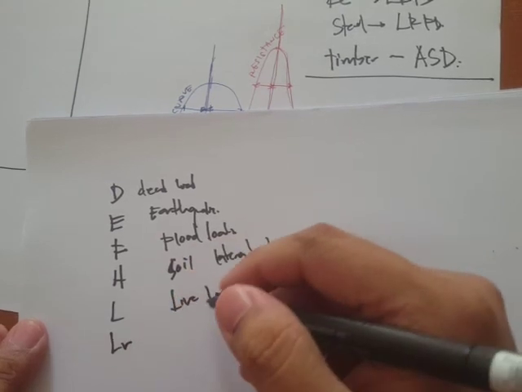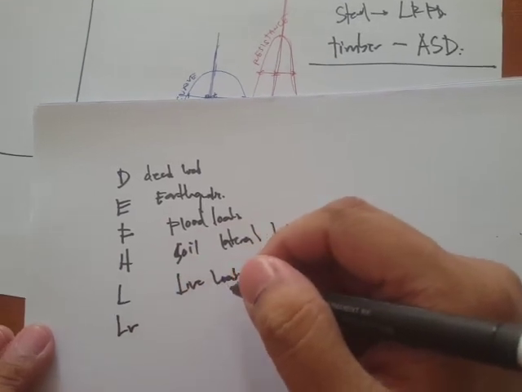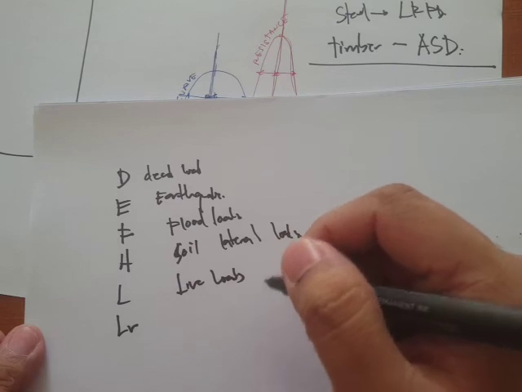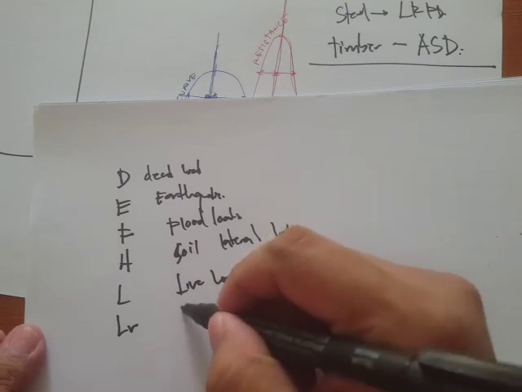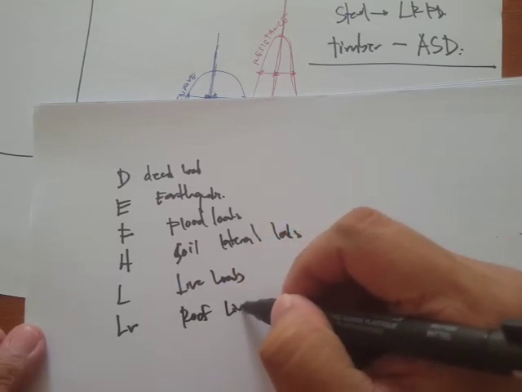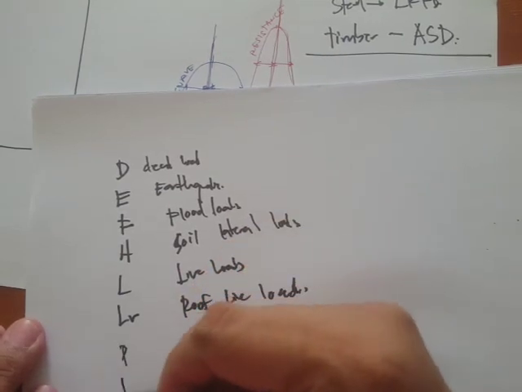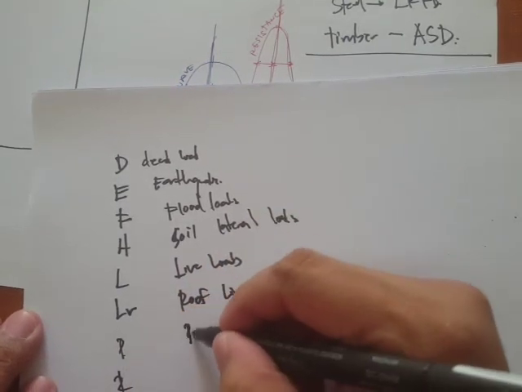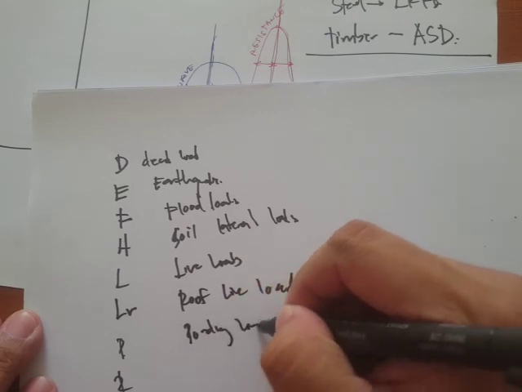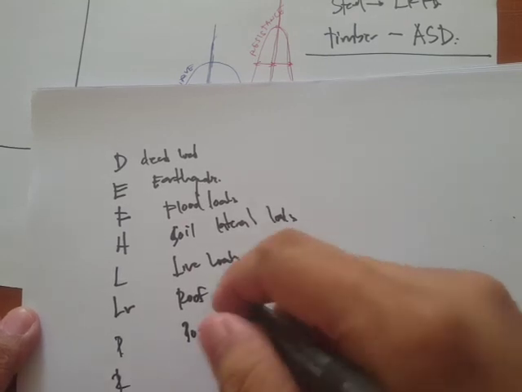L sub R is roof live loads, and then P and R. P refers to ponding loads, and R is the rain loads.